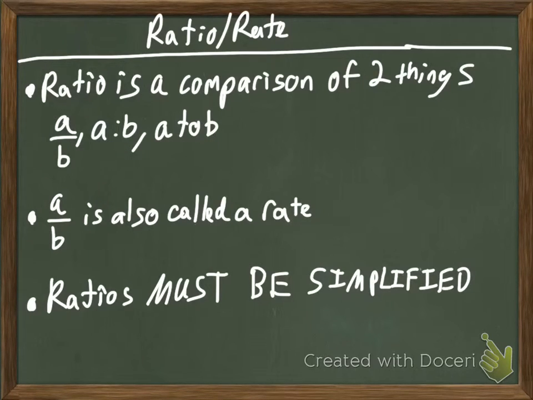Like you would say miles per hour. It's miles over hours. That per word is the fraction part. It tells you that there is this fraction bar right here. Or miles per gallon. Ratios must always be in simplified form. So you can't have a ratio that is not simplified.